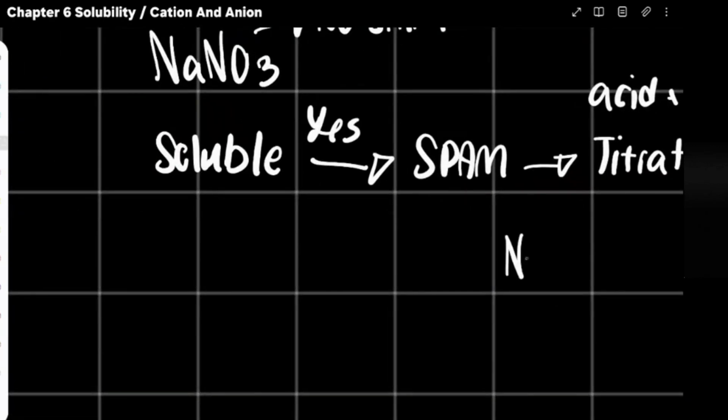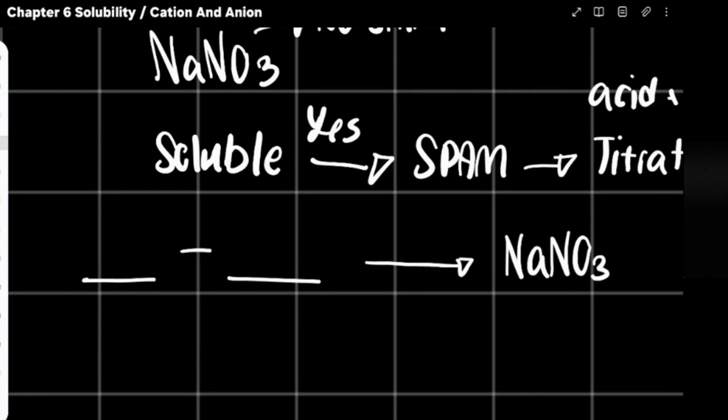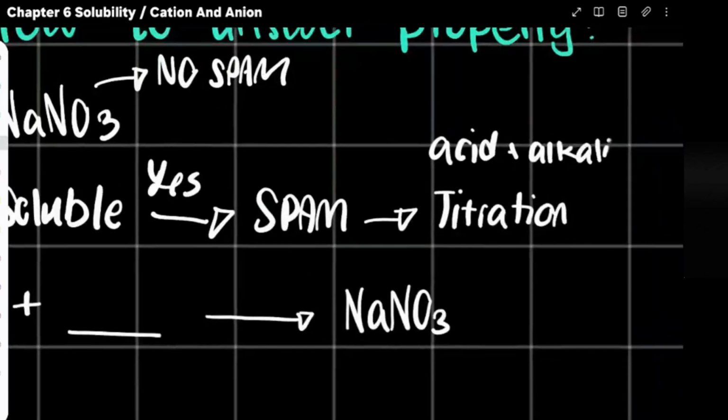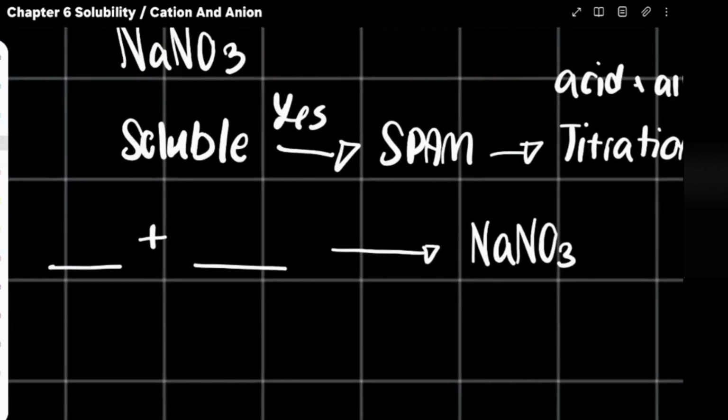Okay, so let me write the thing here. We want NaNO3. So we want an acid and we want an alkali to combine together. So what is the acid and the alkali that we're gonna use? Of course, remember this is gonna be like the partner swap, right? The double decomposition method, the precipitation method, also the partner swap. But this is also another partner swap.